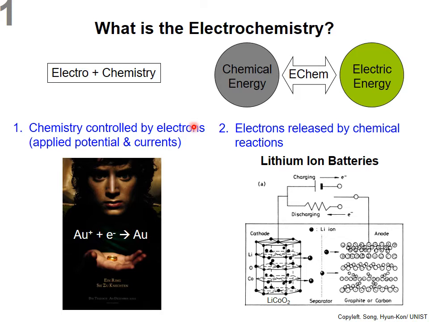So in this case, you will apply potential or current into the electrochemical systems. Here is the example, the road of the ring. So I have the ring. Originally, this is a ring-shaped iron, I mean Fe, very cheap metal.